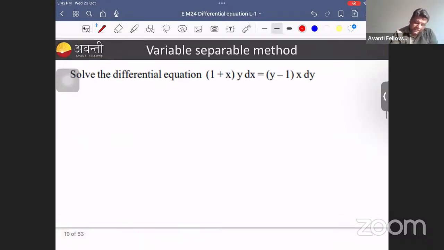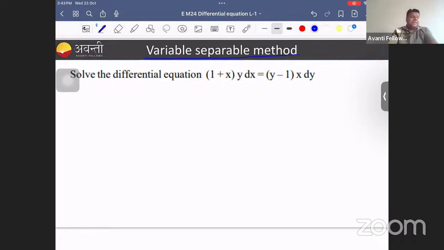So the first thing that comes is: solve the differential equation (1 plus xy) dx is equal to (y minus 1) x dy. Got it? So it is variable separable method. First of all, nothing much to do.